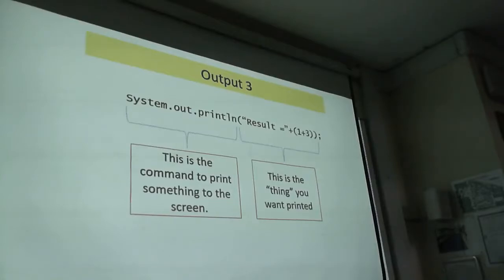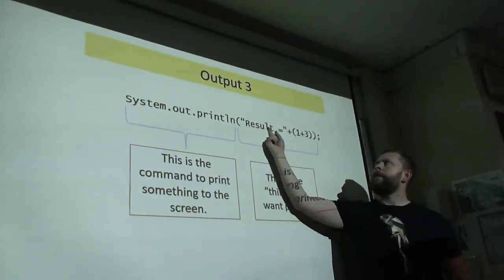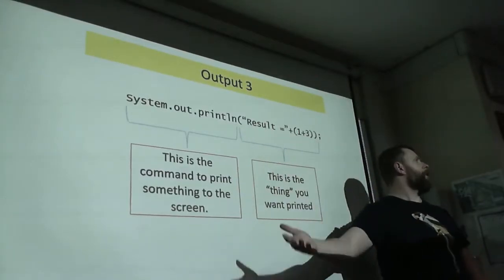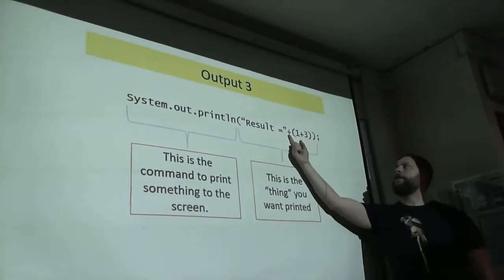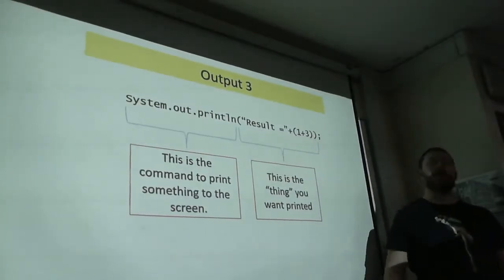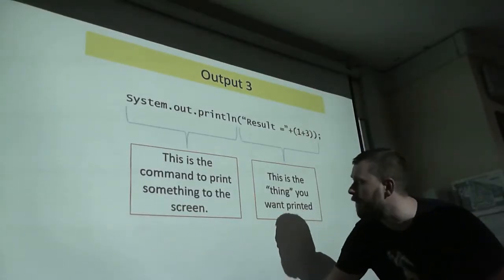And it looks something like this. On the left-hand side of the addition symbol here, I have a quotation. The result equals. Can't be simplified any further. On the right-hand side of this first addition symbol here, I have a calculation. That can be simplified.